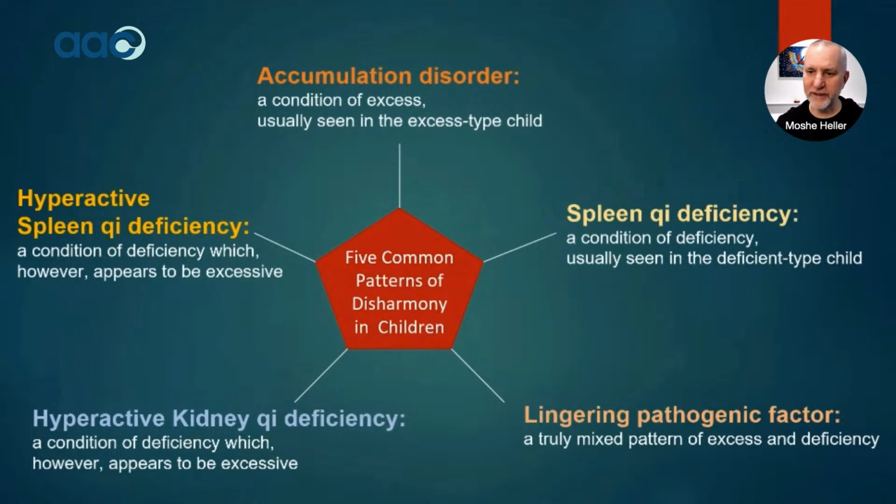The next ones are hyperactive kidney deficiency, hyperactive spleen qi deficiency, and accumulation disorders.